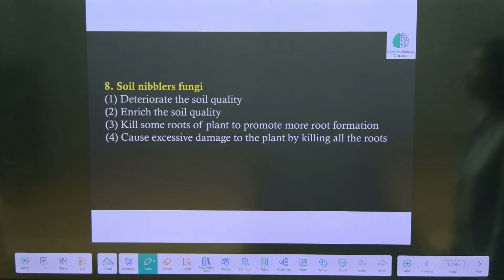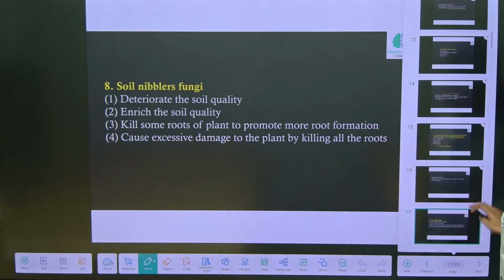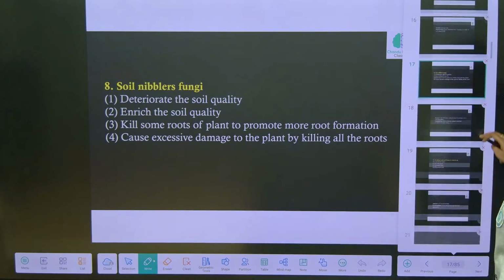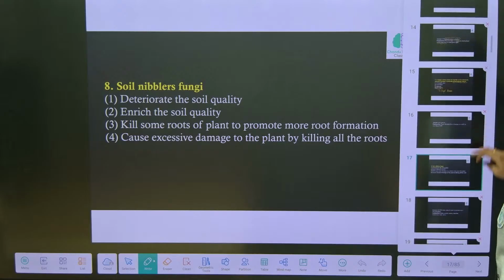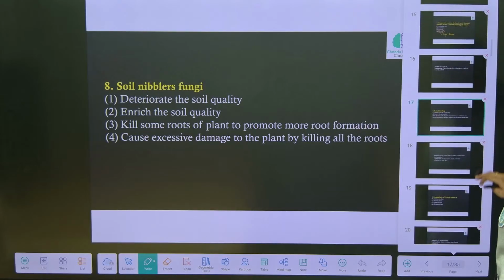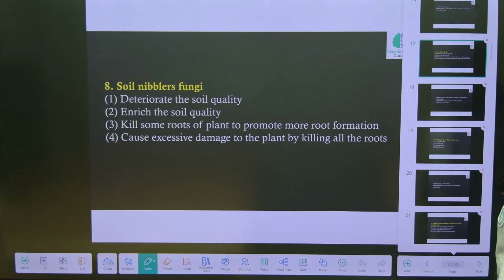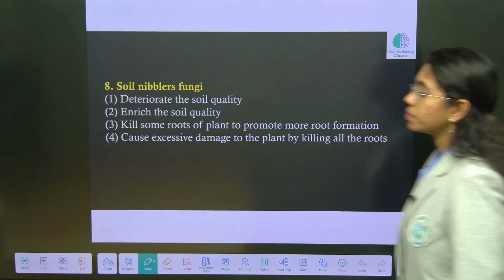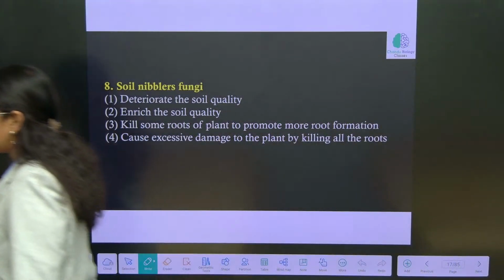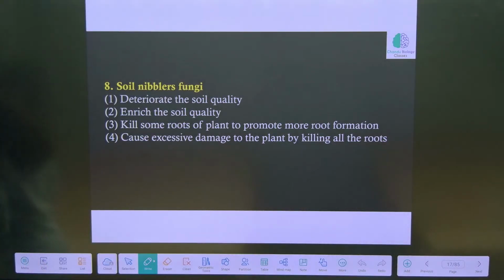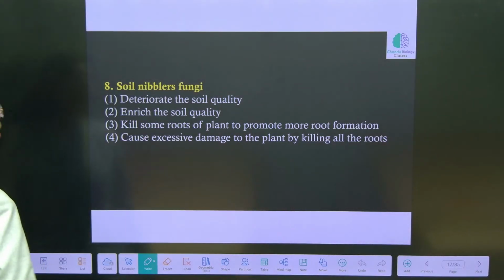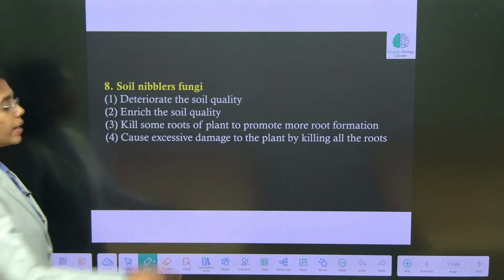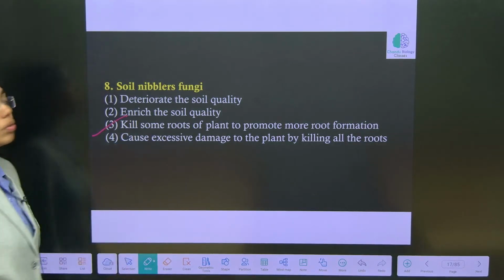Soil nibblers fungi. What do they do? This type of fungi will kill some roots of plants and promote more root formation.